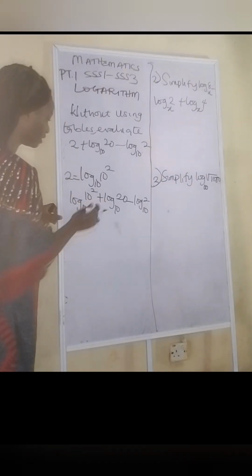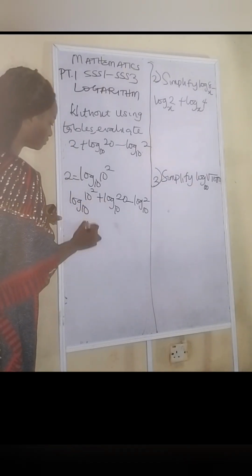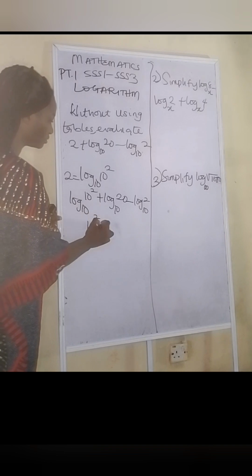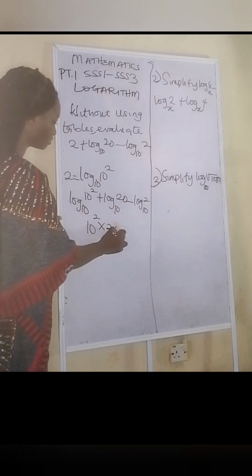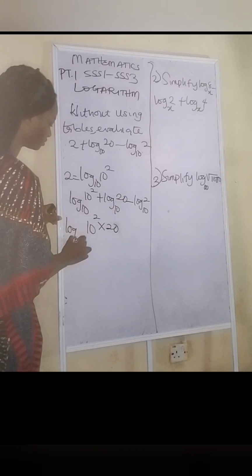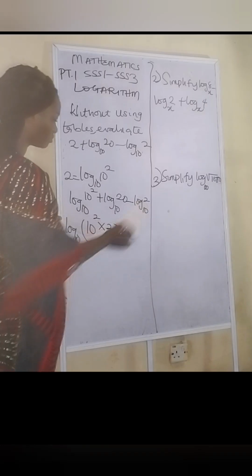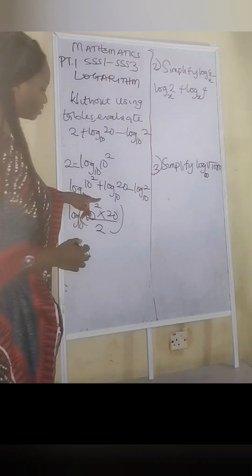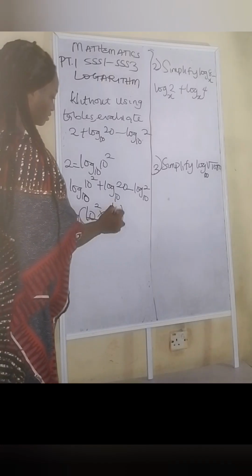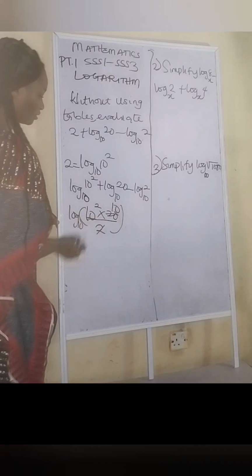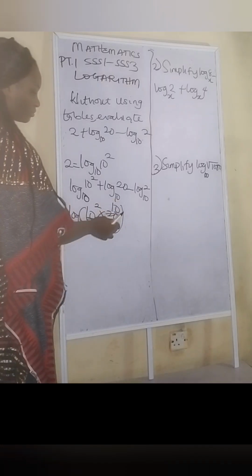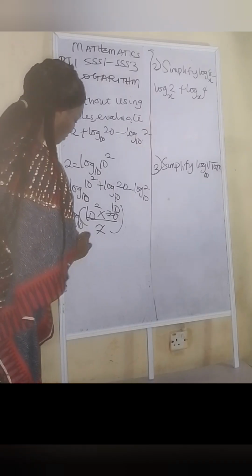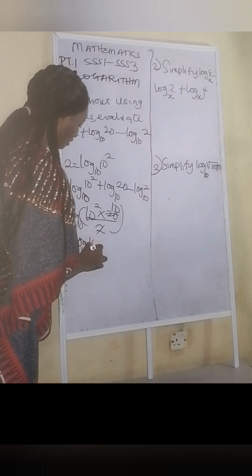So let's use the first law: 10 raised to the power 2 times 20, all in log base 10, divided by 2. So this is 2 times 10, 2 times 10, so 10 raised to the power 2 times 10 raised to the power 1 is what? 1000. So we have log 1000 base 10.